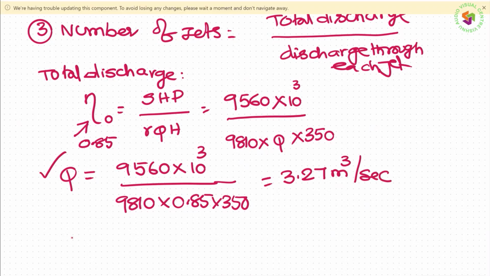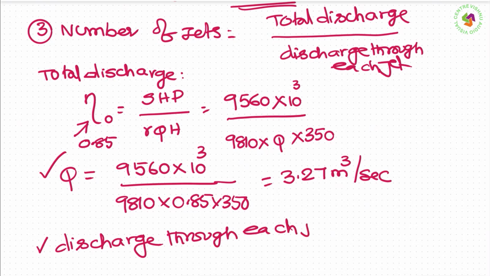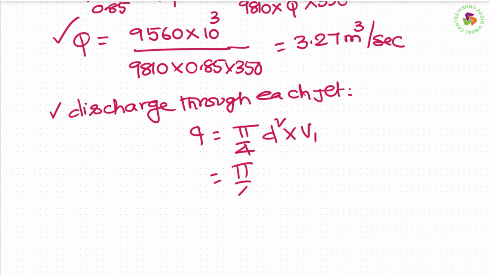So Q is done. Then the discharge through each jet. Small q is equal to pi by 4 d square into V1. So pi by 4 into 0.158 whole square into V1.